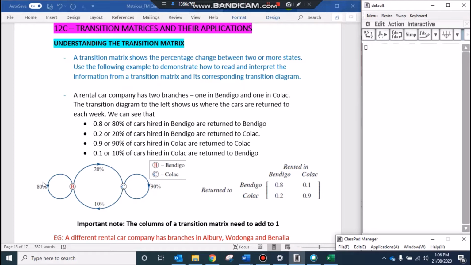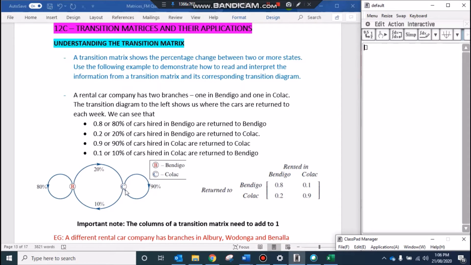Now, you should understand that the 80% plus 20% has to equal 100%. If only 10% were returned to Colac, then we're missing 10% of the cars. Or if more than 20%, then we've gained cars. So the two arrows coming out of Bendigo have to sum to 100%.